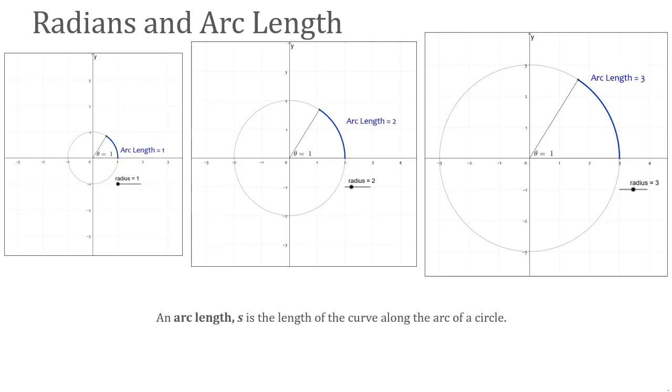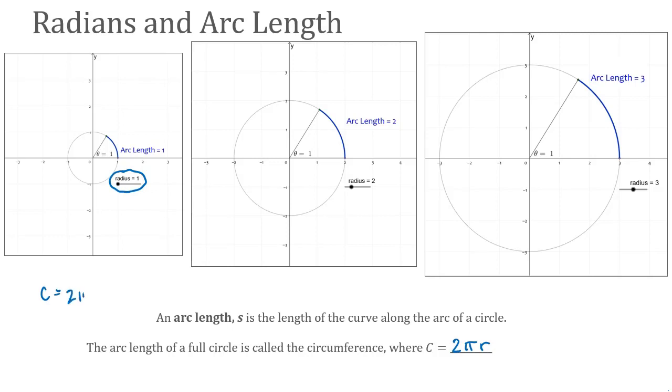The circumference of a circle is simply the arc length of a full circle and has the formula C equals 2 times pi times the radius. For this first circle, when r was equal to 1, we would say that this circle had a circumference of 2 times pi times 1, or 2 pi.